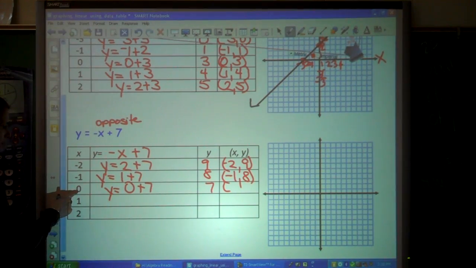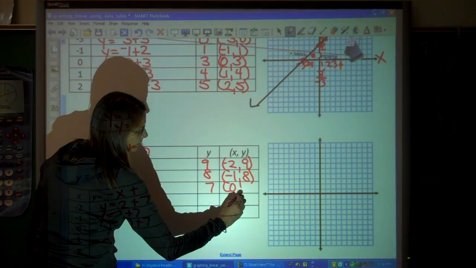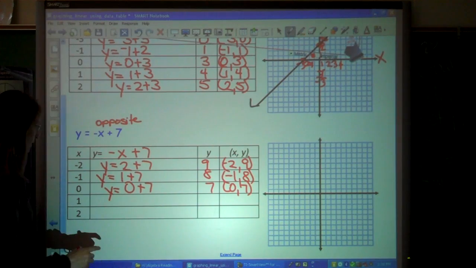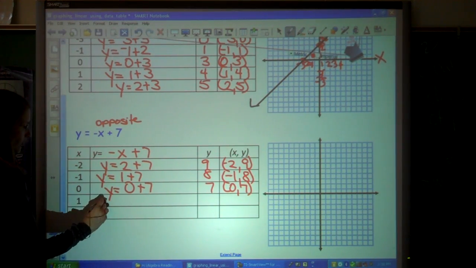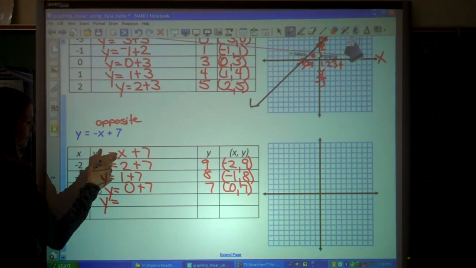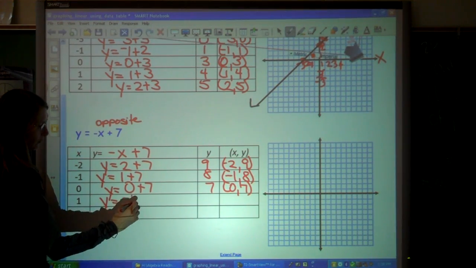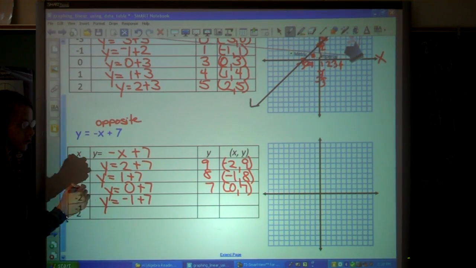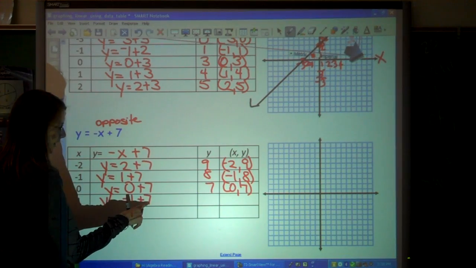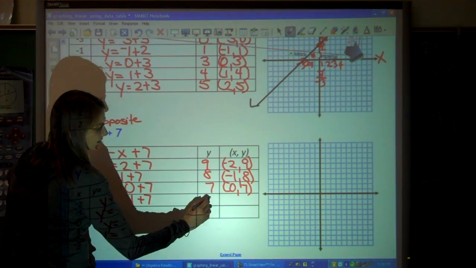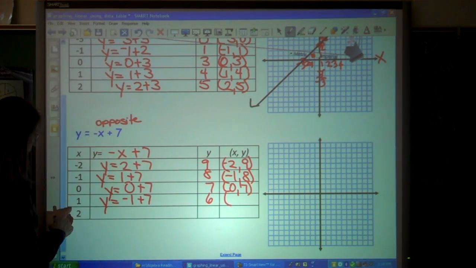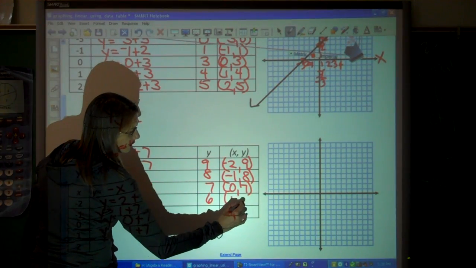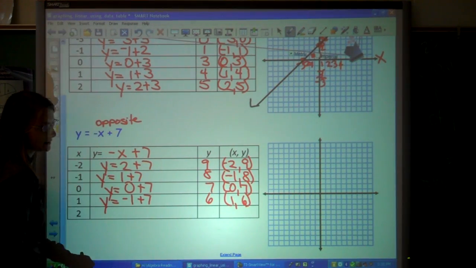So when x is 0, y is 7 for this equation. Next one, y equals negative x, so that's a negative 1 plus 7. If you need to, put that in your calculator. But the positives have the advantage by 6. So when x is positive 1, y is positive 6.